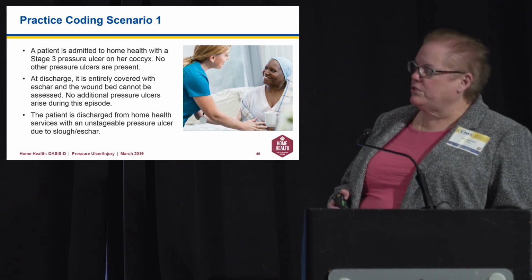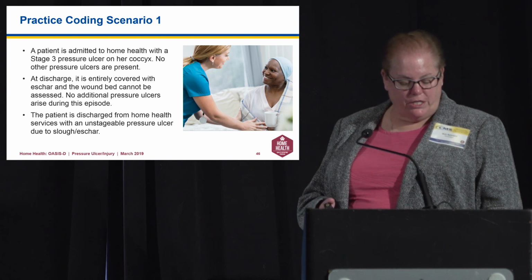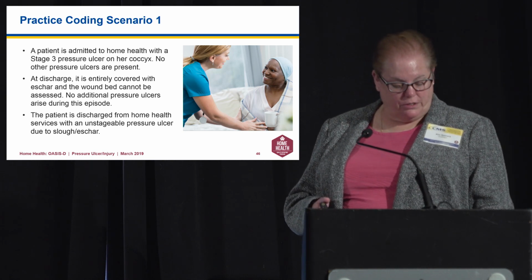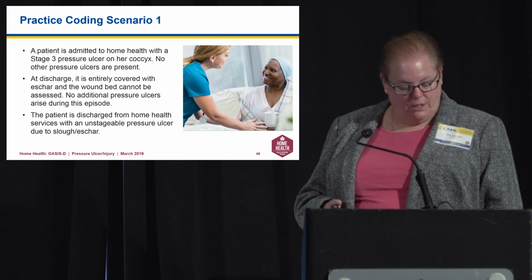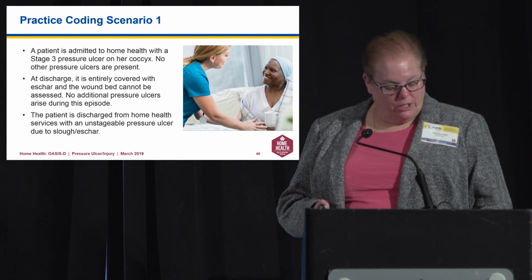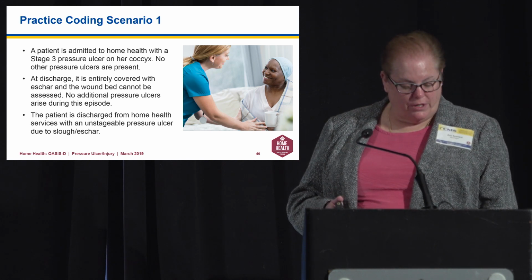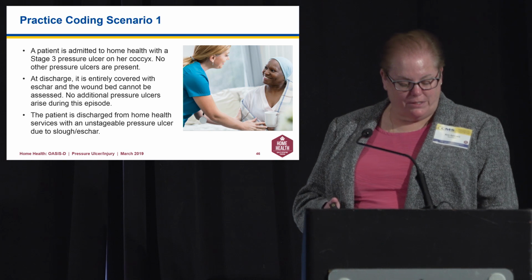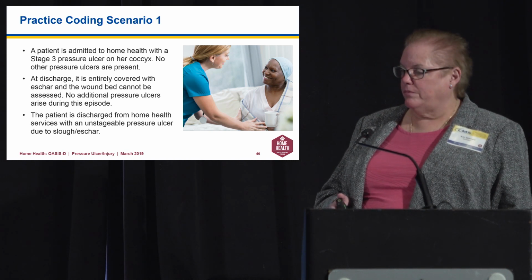So here's the first scenario. A patient is admitted to home health with a stage 3 pressure ulcer on her coccyx and has no other pressure ulcers present. At discharge, the same wound is entirely covered with eschar, and the wound bed cannot be assessed. No additional pressure ulcers arise during this episode.